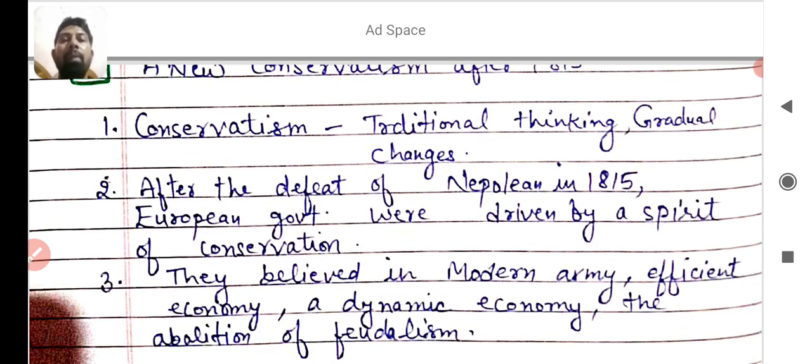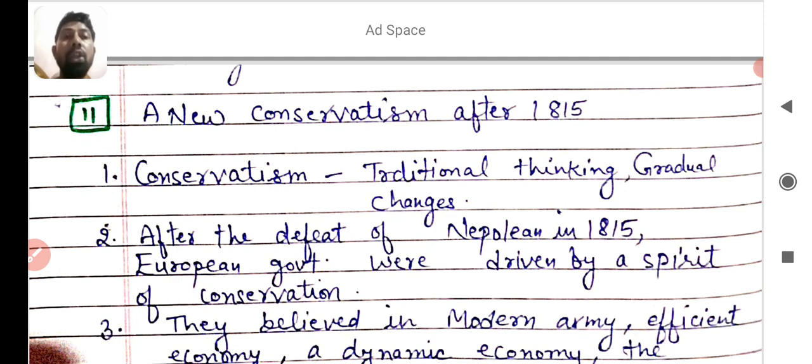Finally, the final point of today is new conservatism after 1815. In 1815, you learned in 9th class that in the Battle of Waterloo, Napoleon Bonaparte was defeated by some powers. And after 1815, there was conservatism.